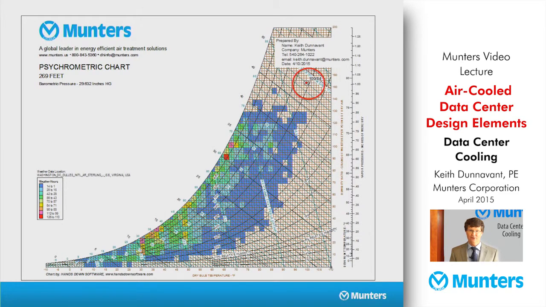If you're not familiar with the psychrometric chart, on the x-axis you have dry bulb temperatures. If you move to the right, you're getting hotter. If you move to the left, you're getting colder. So that's a measure of dry bulb. On the y-axis, the vertical axis, is a measure of moisture content.